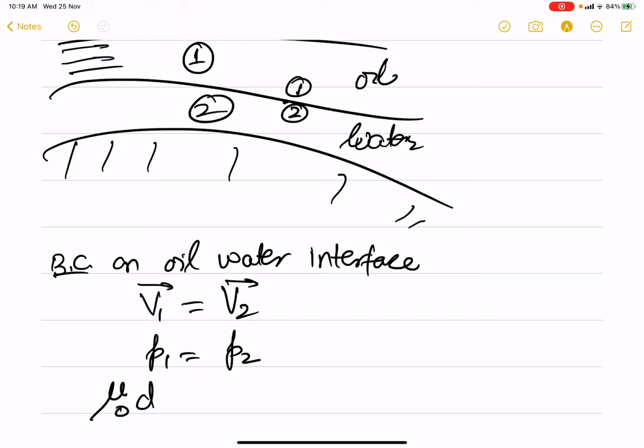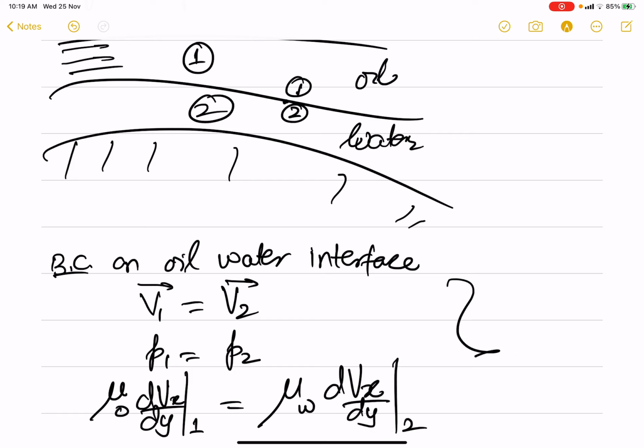mu of oil times dv by dy if it's a one-dimensional flow, dvx by dy, and this is on 1, is equal to mu of water dvx by dy on 2, and this is on the liquid-liquid boundary.